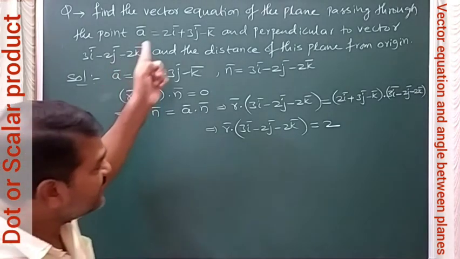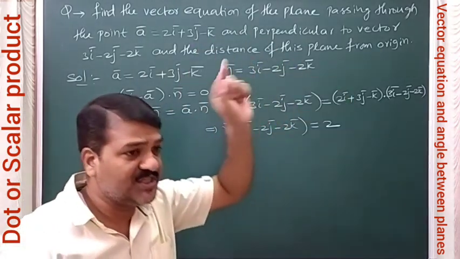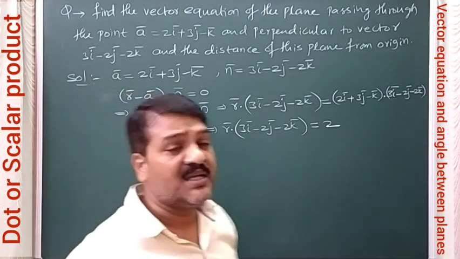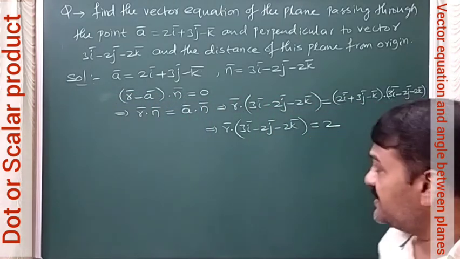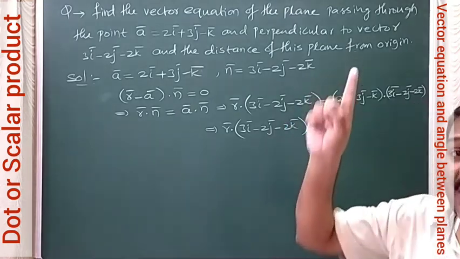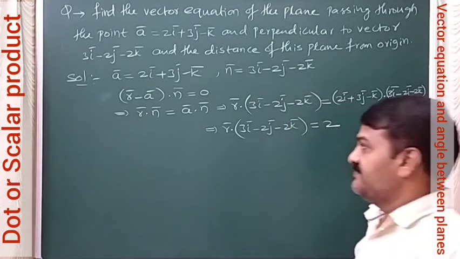If you want the distance of this plane from the origin, you have to convert it into normal form. Converting into normal form means, this is n bar, so you have to divide by the modulus of n bar.